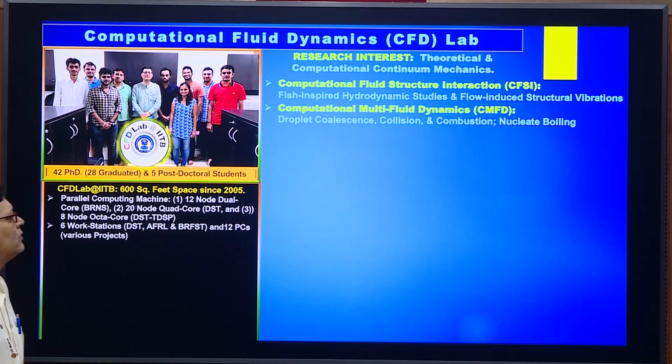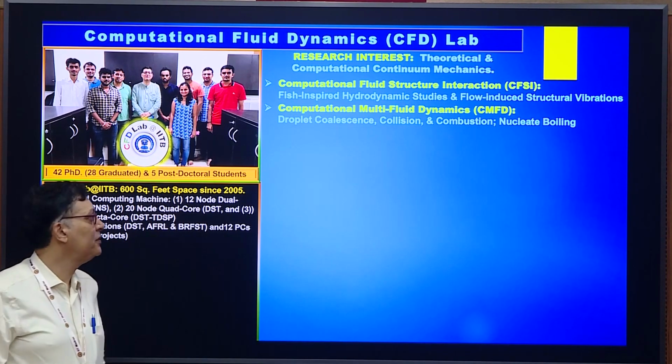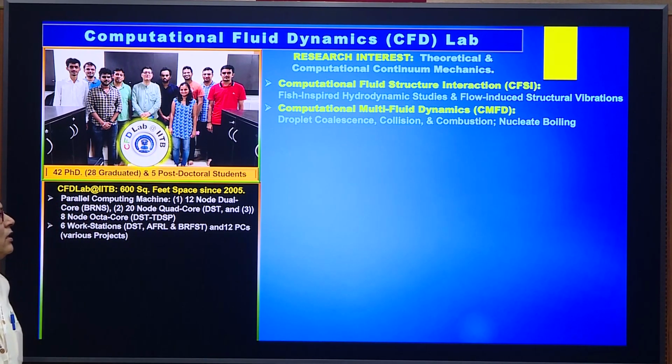And in the last 15 years, we have been working on computational multi-fluid dynamics, where using level set method, we had done some detailed simulations for droplet collision, combustion, and nucleate boiling. Presently, we are doing simulations with our in-house codes for transient nucleate boiling.